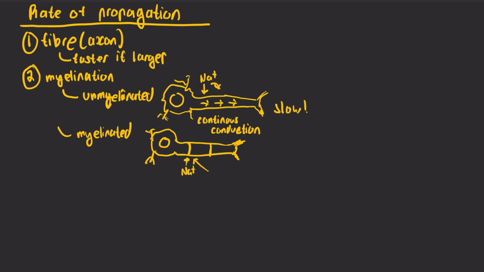It's only going to open those sodium voltage gated channels at the nodes of Ranvier. And this will go through saltatory conduction. Basically, it's going to propagate a lot faster.